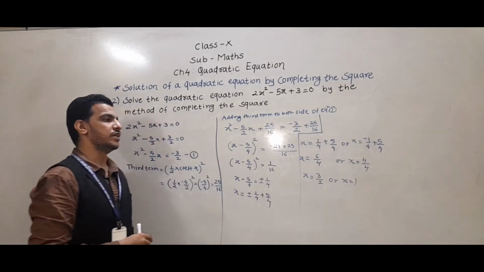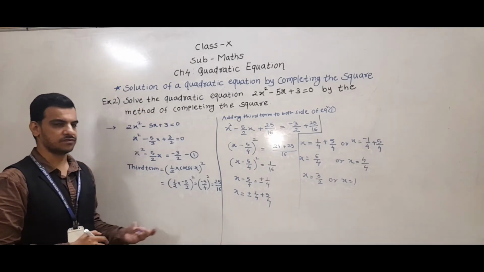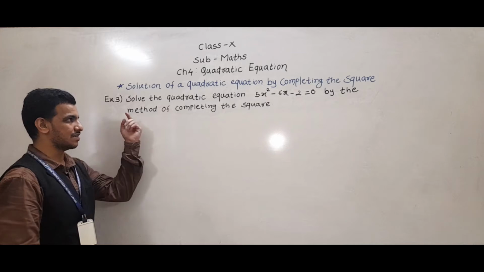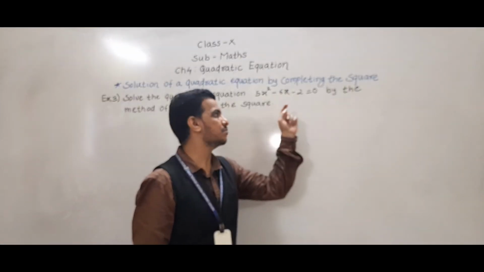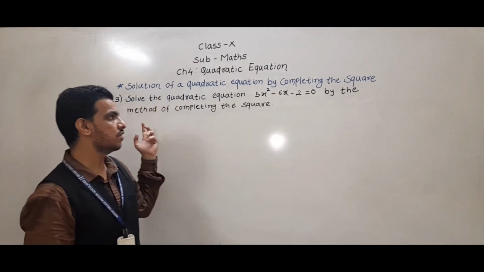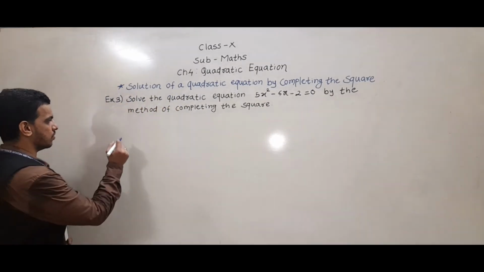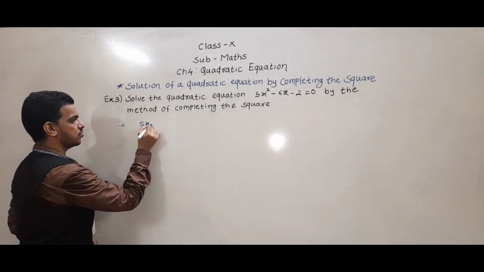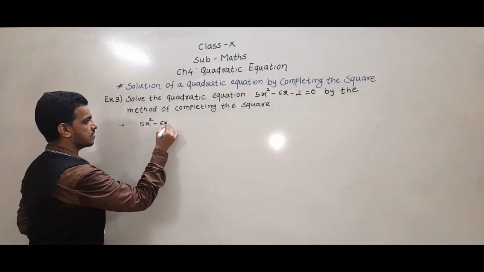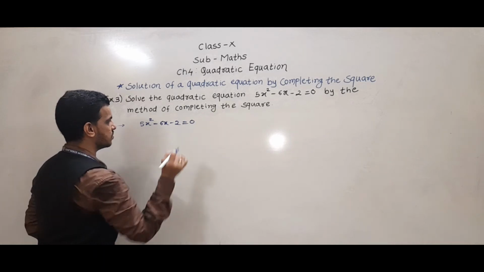Okay, now we will take the third example. The third example is: solve the quadratic equation 5x square minus 6x minus 2 is equal to 0 by the method of completing square. So first we write that quadratic equation: 5x square minus 6x minus 2 is equal to 0.